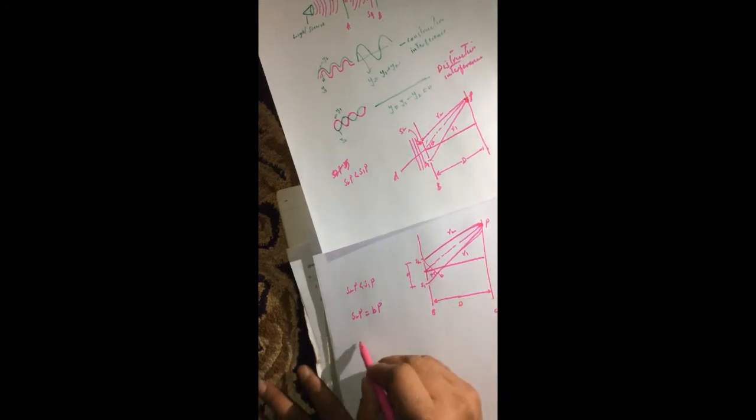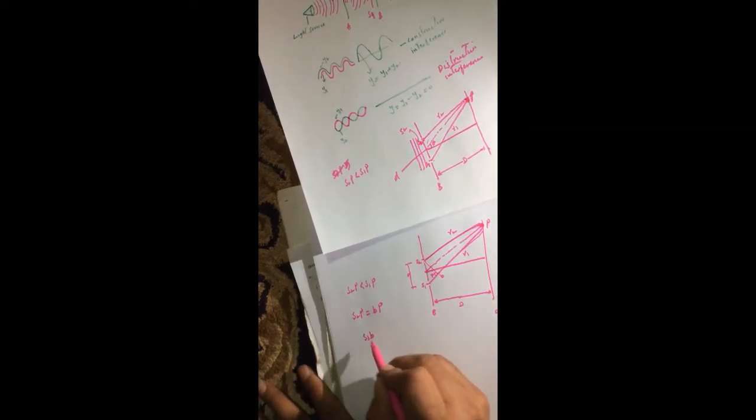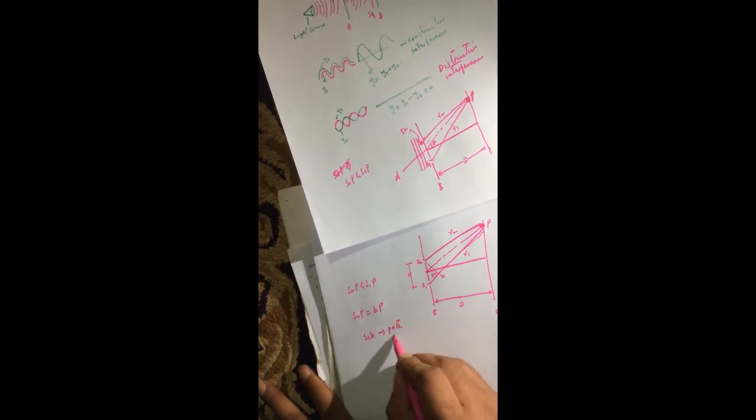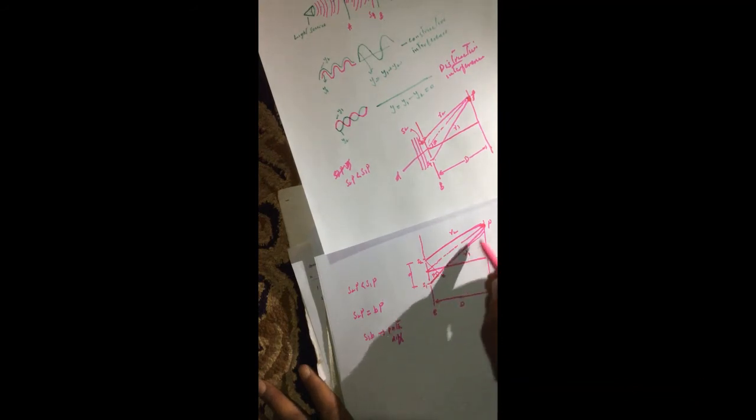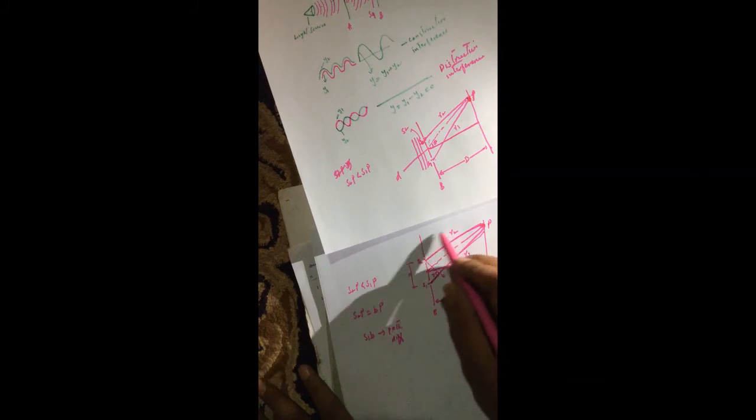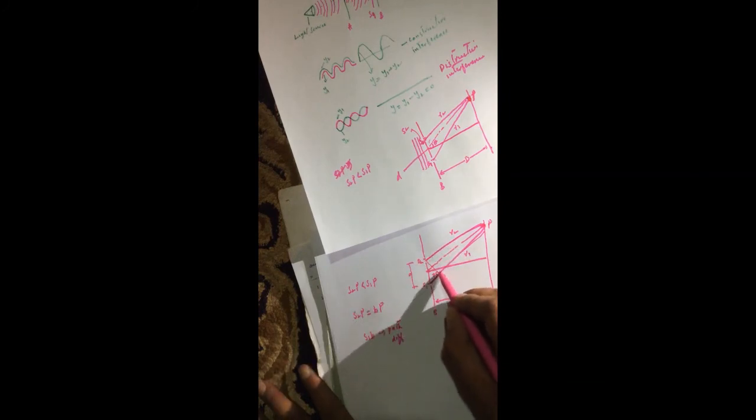So here S1B is the path difference. This much more distance is traveled by R1 to reach point P as compared to this one. So this is the path difference.